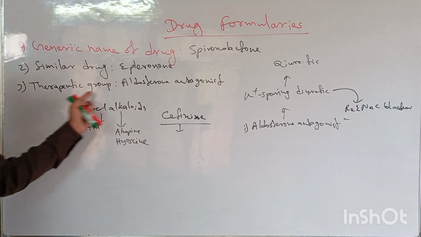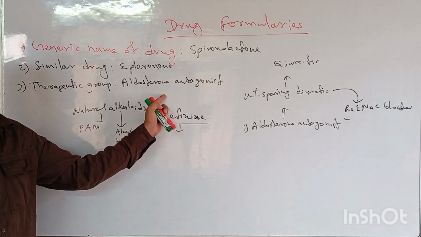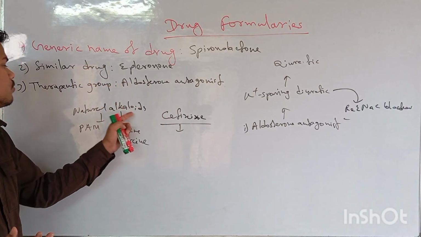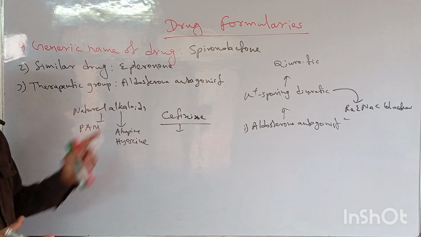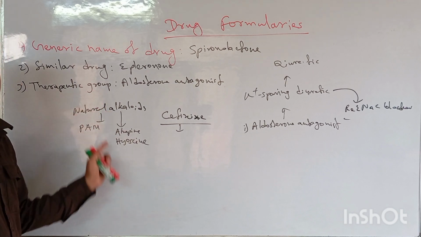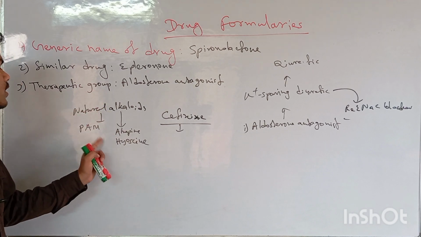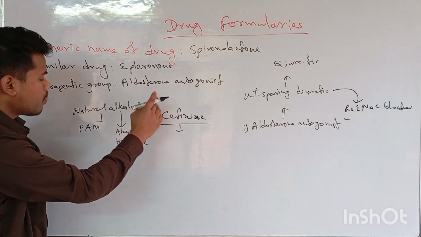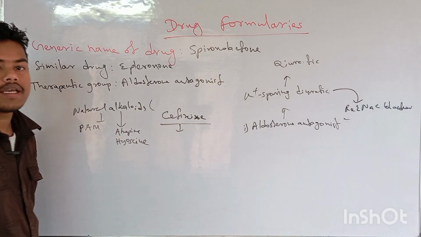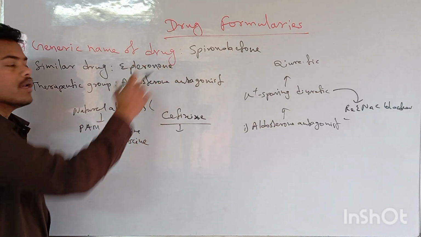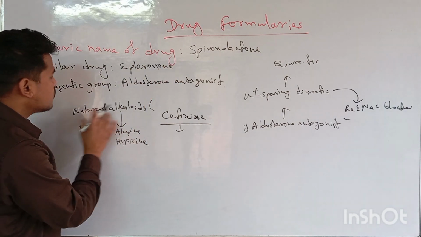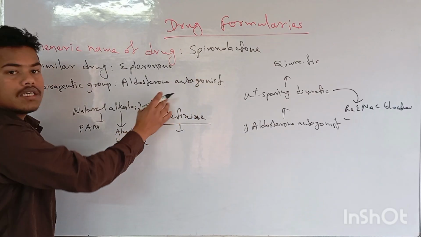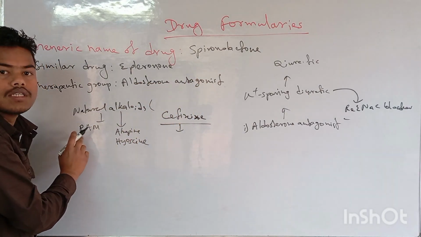Then in therapeutic group, if you write natural alkaloids, it will not signify the therapeutic group better, that what type of drug this is. So in that case, you should write natural alkaloid here and then in bracket signify that this is anticholinergic, or this is cholinergic.